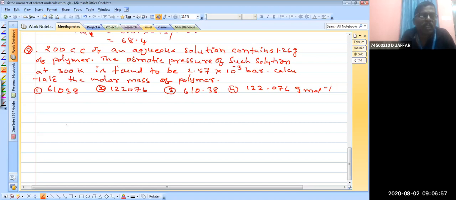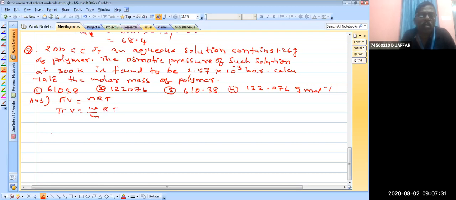To solve this numerical, the formula we want to use is osmotic pressure into volume is equal to nRT, or pi V is equal to n, that is weight of solute divided by molar mass of solute, into RT, right?